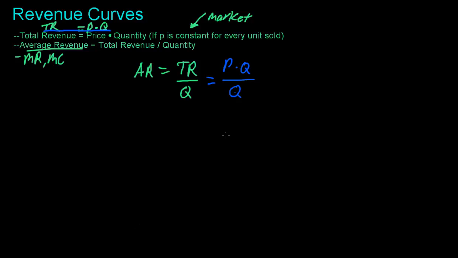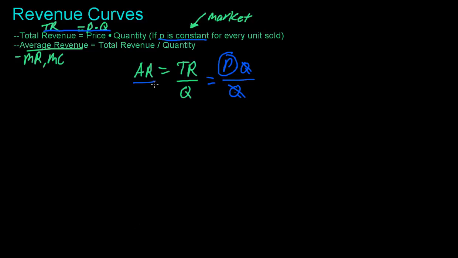And if we cancel out this Q and this Q, we can see that average revenue is also equal to price in a situation where P is constant. So the big kicker is that if P is constant, average revenue is equal to price, and that should make intuitive sense. If we're selling everything for the exact same amount, that is going to be our average revenue, or our average revenue per unit is another way of saying it, even though it's a little bit repetitive.